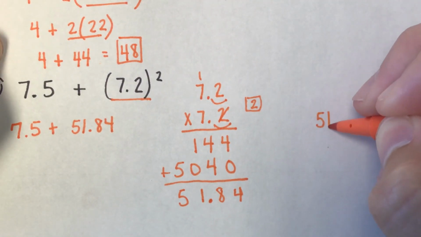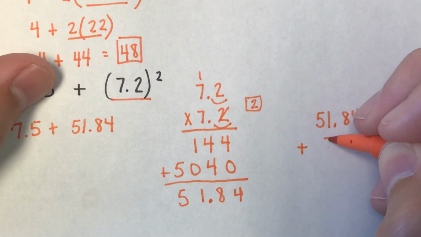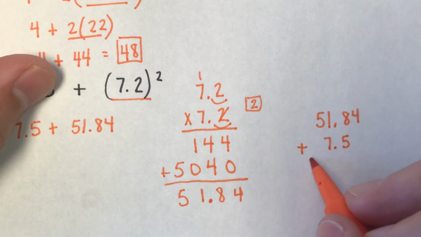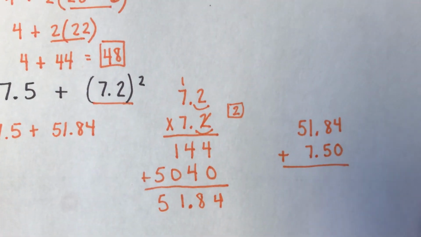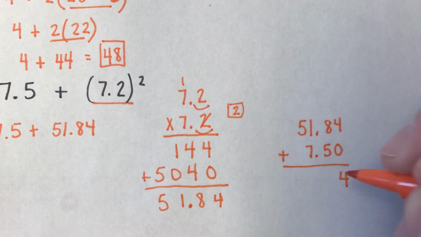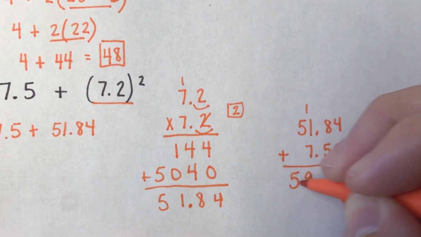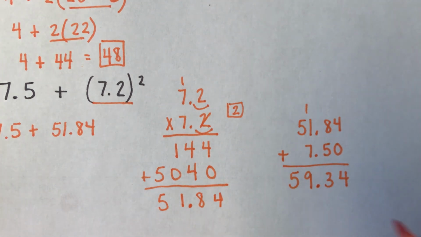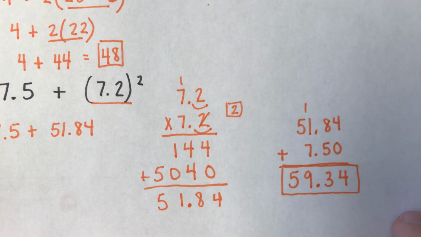So I've got 51 and 84 hundredths plus 7 and 5 tenths. I'm going to add this 0 to make sure everything's lined up nice and pretty. So this is 4, that's a 13, that's a 9, that's a 5, and you bring your decimal straight down. So my answer is 59 and 34 hundredths.